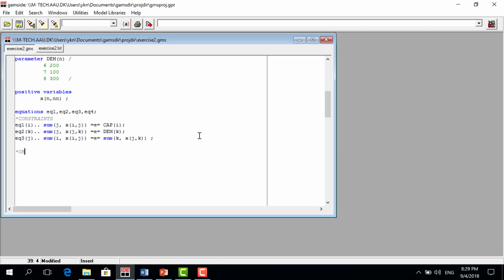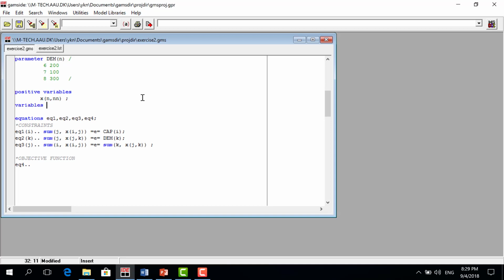And write also here the objective function. Here we put equation number 4. We need to add variables here. This is equal to z.